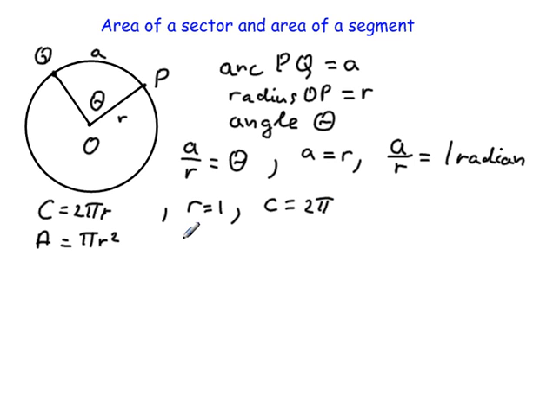So now we can make a connection that 360 degrees, when you complete the revolution from point P all the way back to P, will be related to 2 pi radians. And then further down you can say, well, 180 degrees will be related to pi radians.